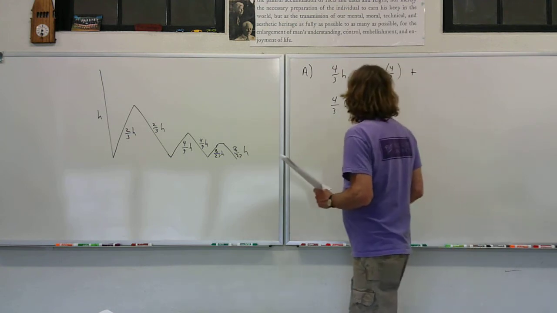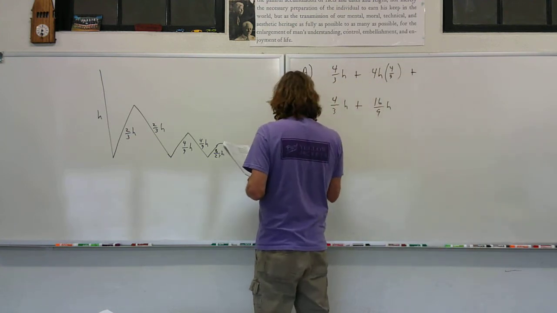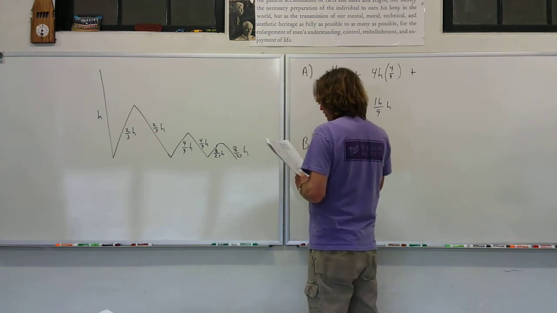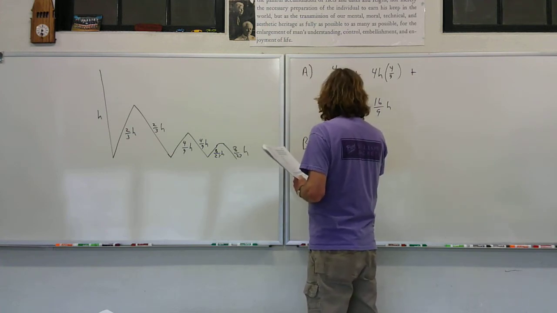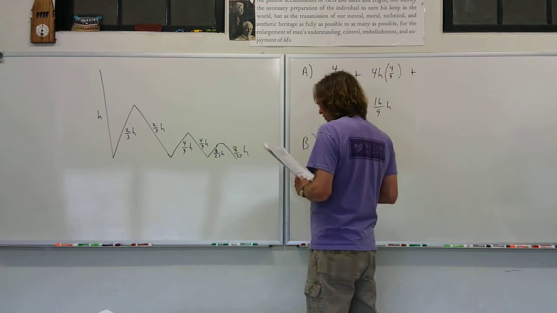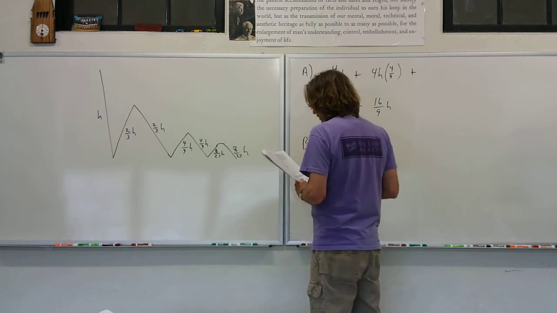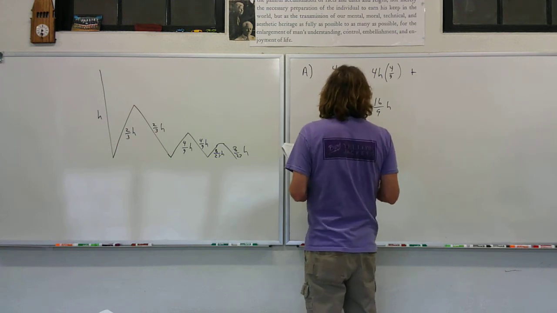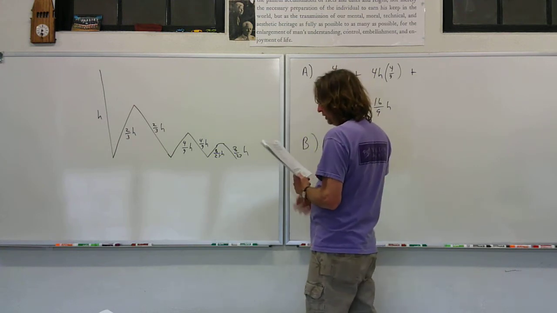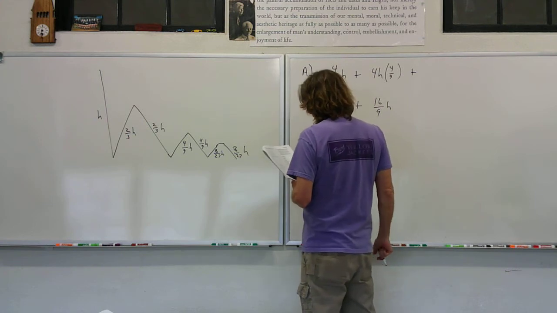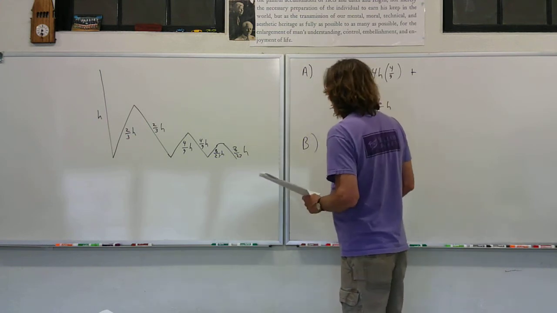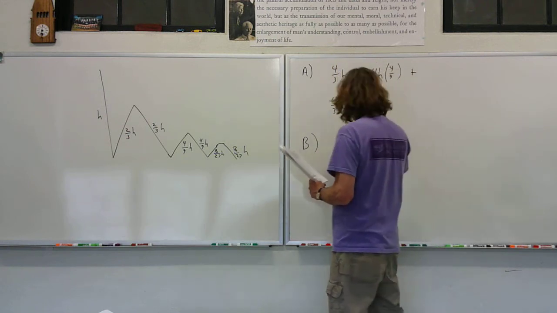Okay, let's look at B. Put a 1 in there, and you get 2/3 plus what you get when you put 2 in there. You put a 2 in there, and you get 4/9 h. And I'm beginning to like that, because there's my 2/3 h.